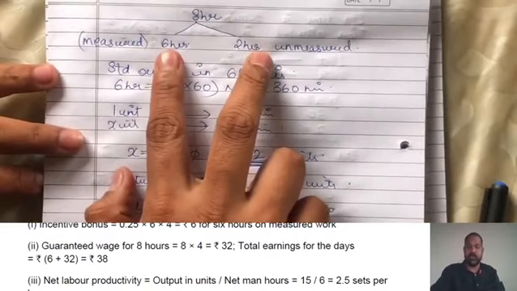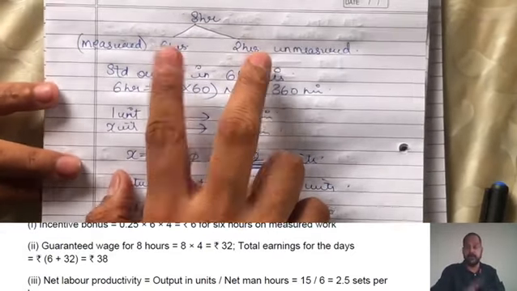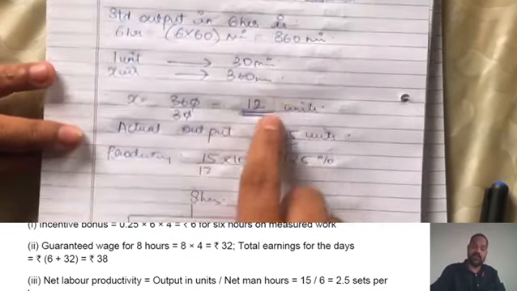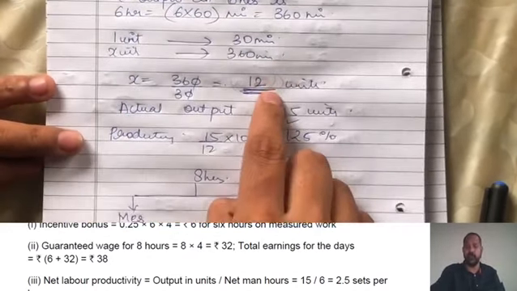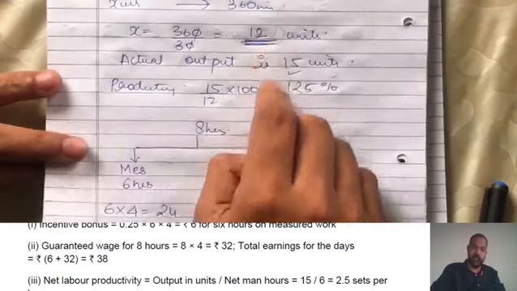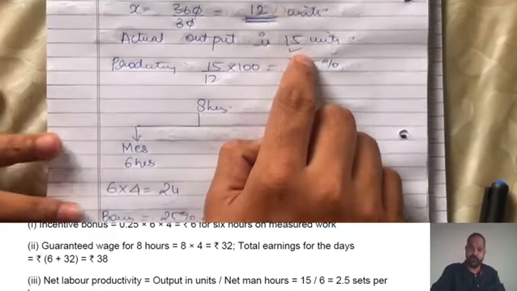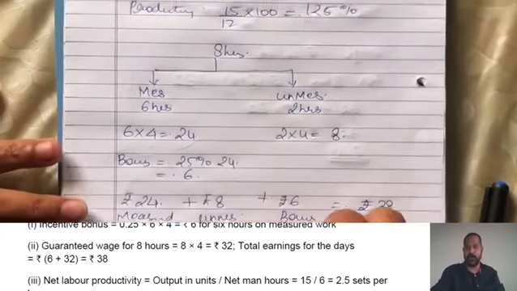8 hours, 6 hours and 2 hours. If it takes 30 minutes to assemble one transistor, in the 6 hours of measured work, I will expect you to have assembled 12 units of transistors. But you have assembled 15 units, which means you are 125% productive.